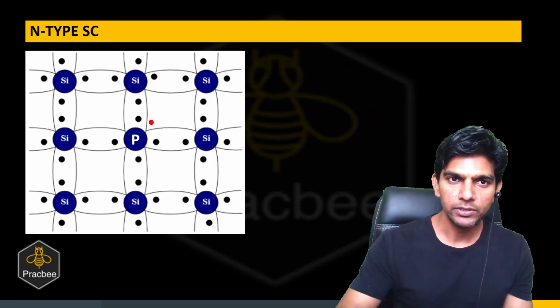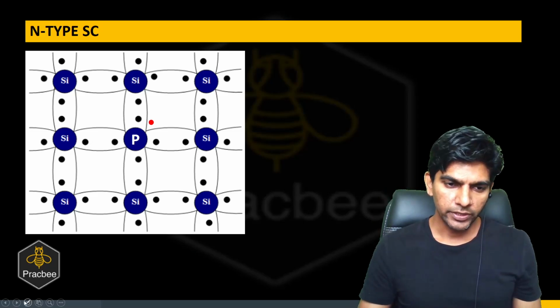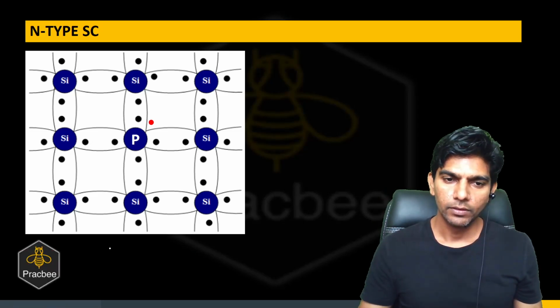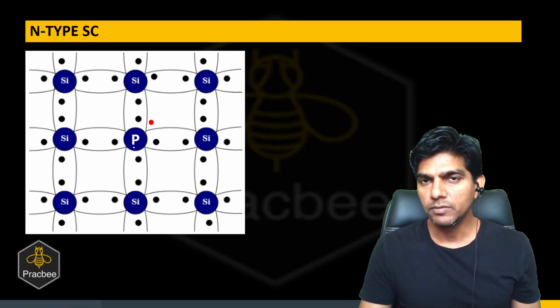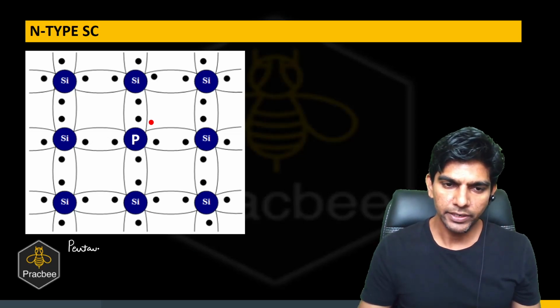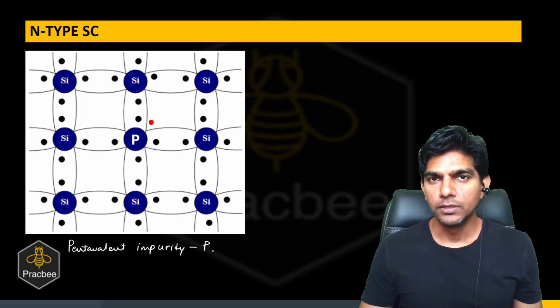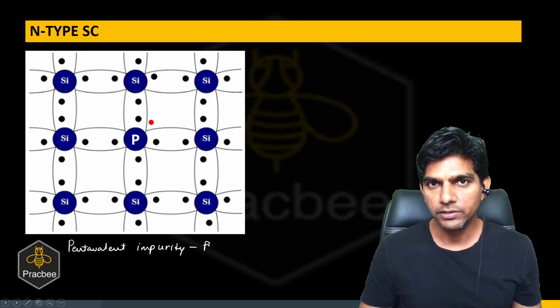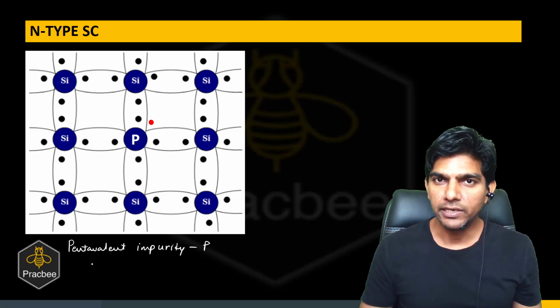Now let us see the example of N-type semiconductor. In N-type semiconductor, we have replaced some silicon atoms with phosphorus, which is pentavalent. So we have a pentavalent impurity, phosphorus. Now phosphorus has 5 electrons in its valence shell, and 4 of these electrons will be used to make bonds with the neighboring 4 silicon atoms.